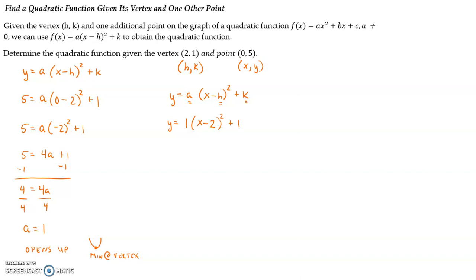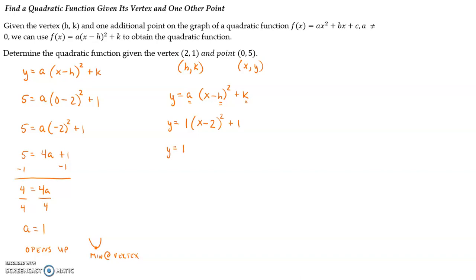We can leave it like this. That's in vertex form, but for right now, let's take it just a little bit farther. Let's multiply it all the way out so that it's in that ax squared plus bx plus c format, our standard form of the quadratic. So the first thing we want to do is square this set of parentheses.